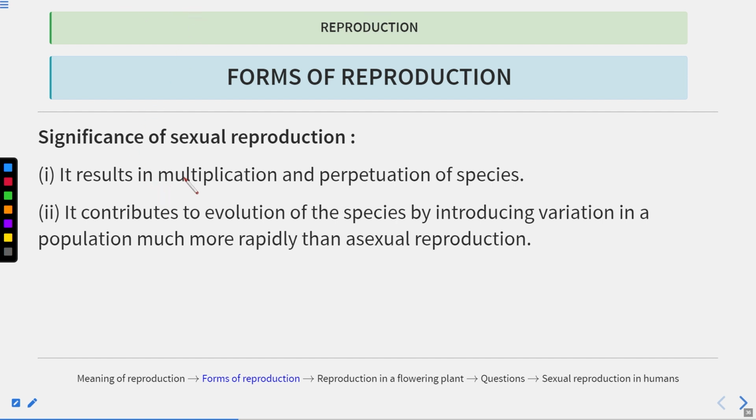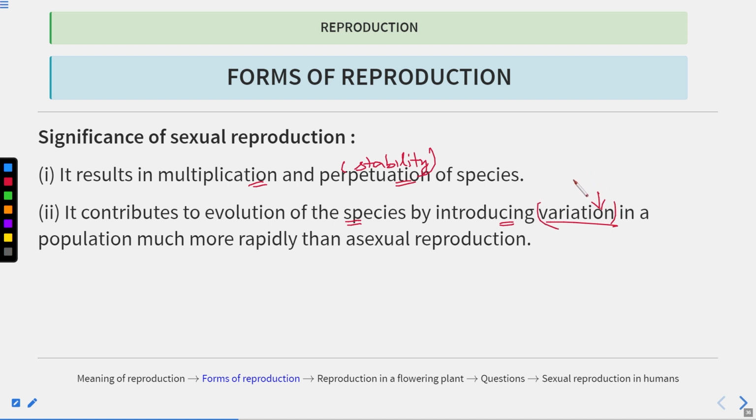First, it results in the multiplication as well as perpetuation of the species. Perpetuation, we already know, provides stability to the species. Now it contributes to the evolution of the species also by introducing variation. Because of sexual reproduction, variation arises.